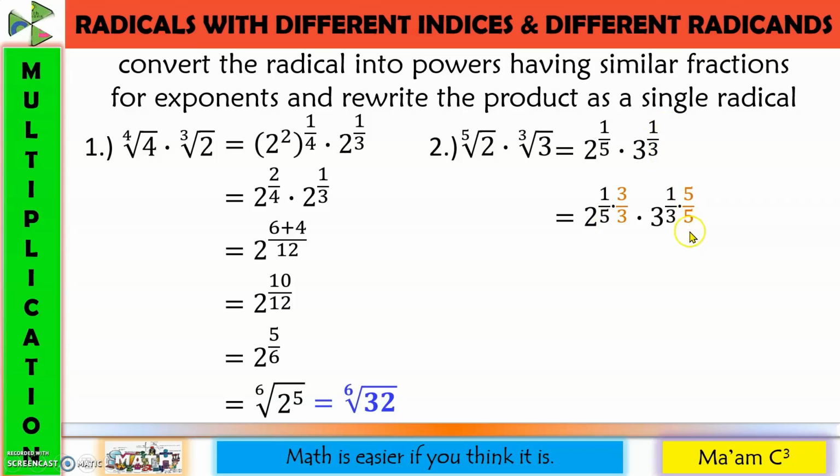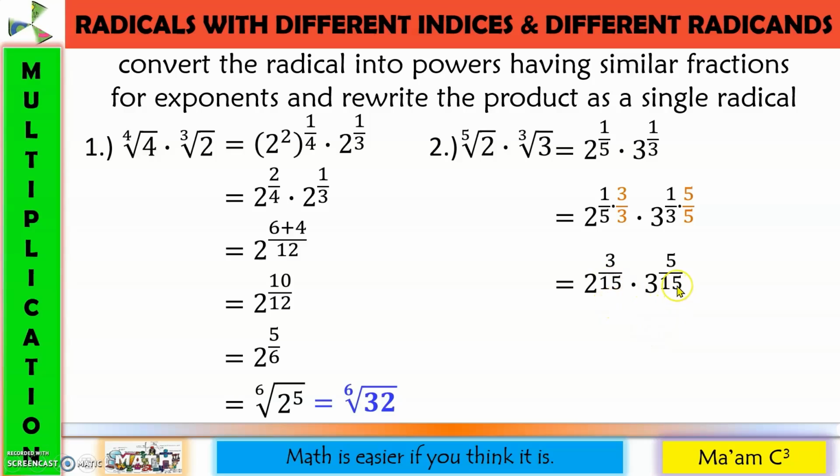Again, 5 over 5 is just 1. Now, 1 times 3 is 3, 5 times 3 is 15, so I have 2 raised to 3 over 15. Here, 1 times 5 is 5, and 3 times 5 is 15. So I have 3 raised to 5 over 15.